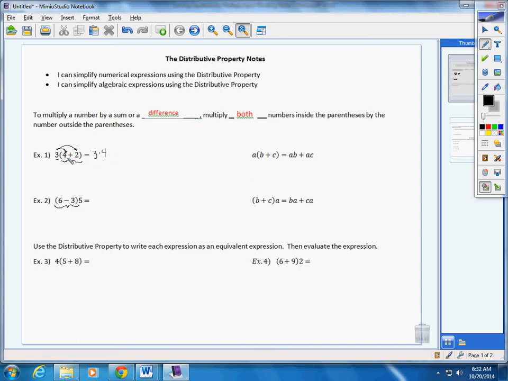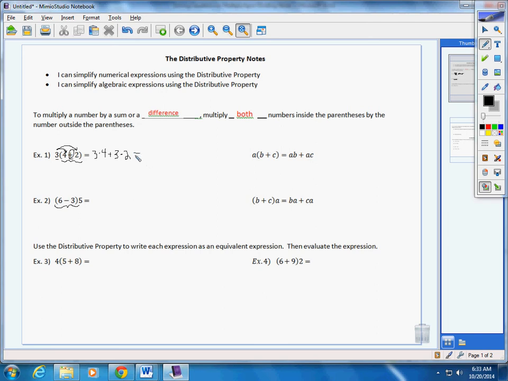And then notice there's an addition sign right here, so you make this an addition sign. And then you do 3 times 2. So this right here, 3 times the quantity of 4 plus 2, is the same as 3 times 4 plus 3 times 2. Okay, those two things are equivalent expressions.